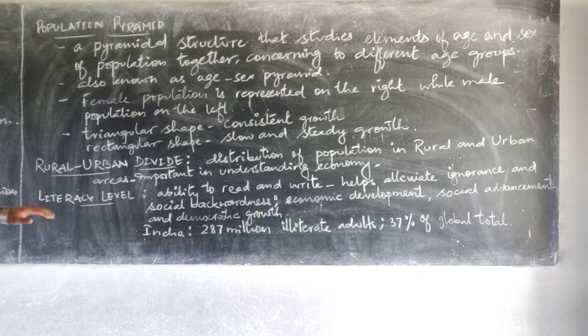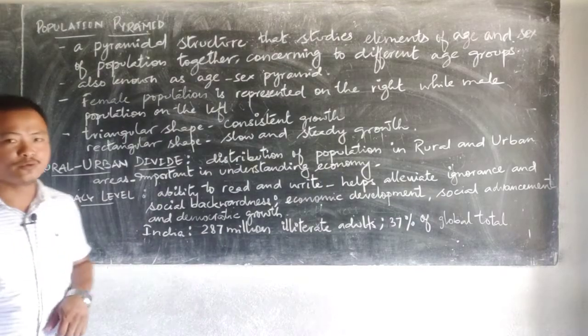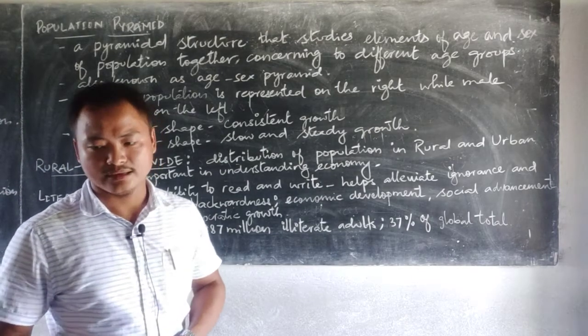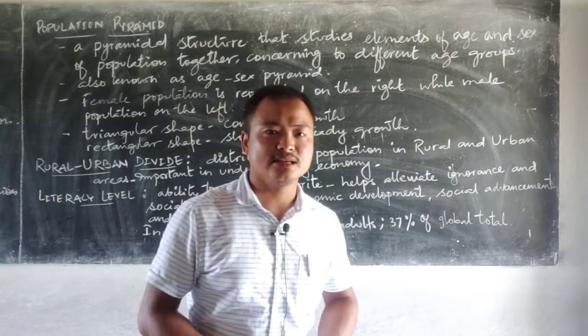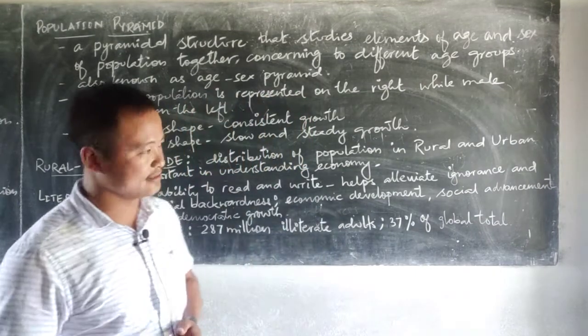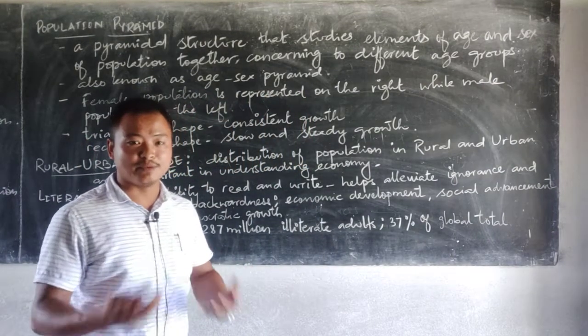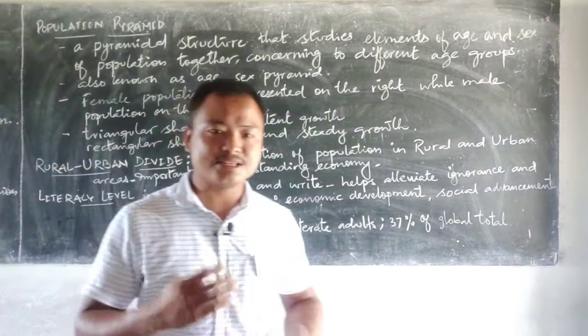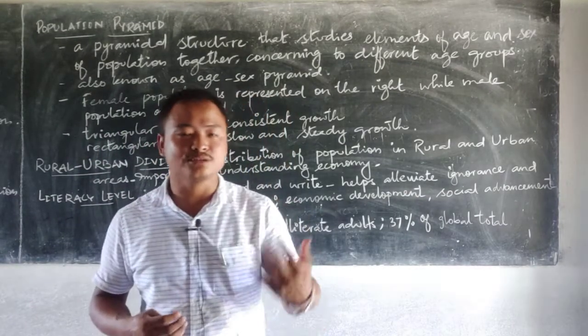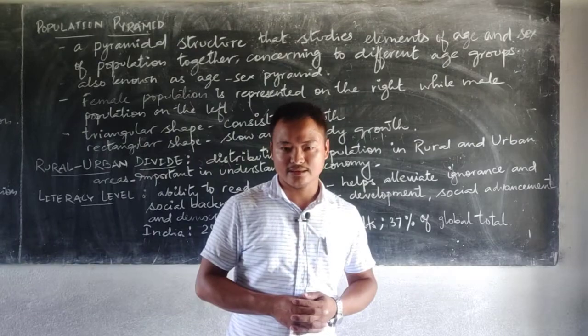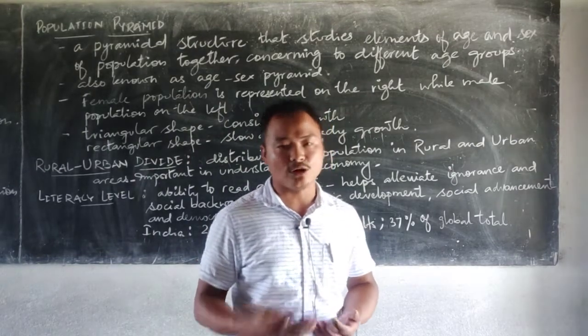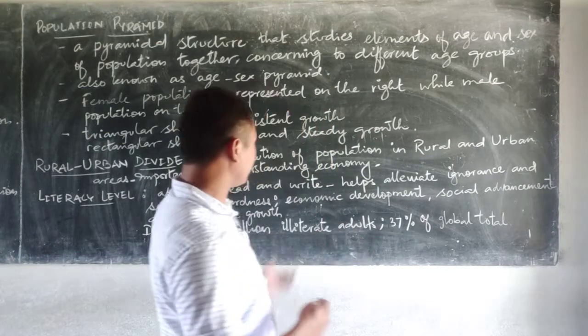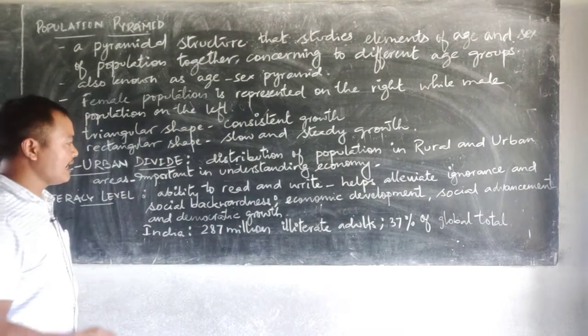The last element of population composition is literacy level. We know what literacy is. In simple words, it means the ability to read and write. You all come to school, so you are acquiring education, and this education gives you literacy. You can be termed literate because you can read and write.